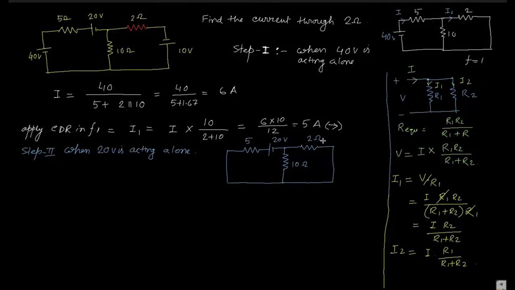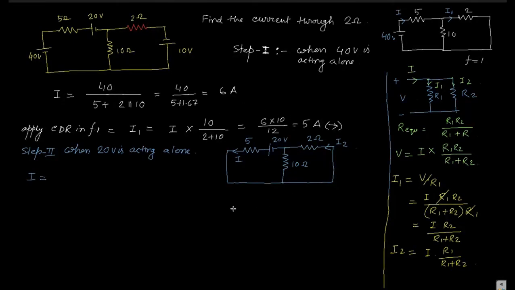You see that I is flowing in this direction, and I2 is flowing through the 2 ohm resistance, and the direction of I2 is in this direction. So what is I? Again you have to find out the current supplied by this voltage source.